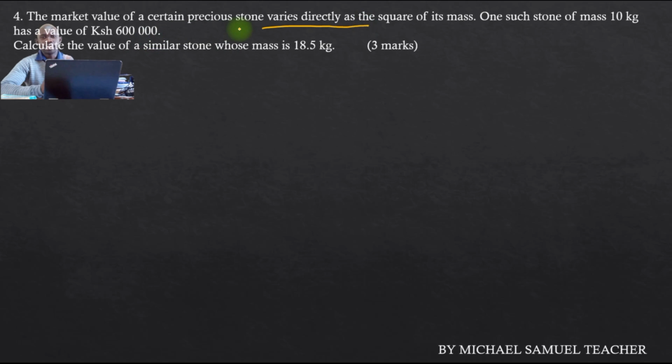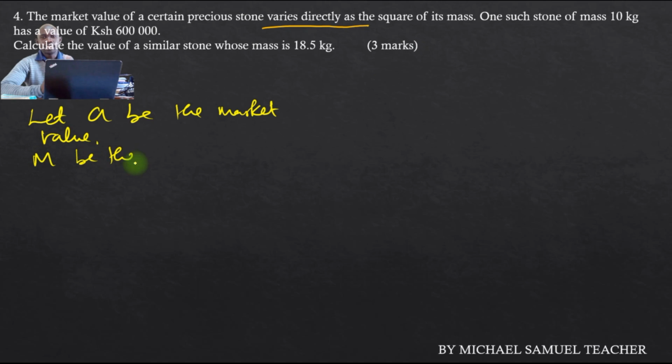So the market value of that precious stone varies directly as the square of its mass. We don't know the market value, so maybe we can say let A be the market value, and let M be the mass of the precious stone.